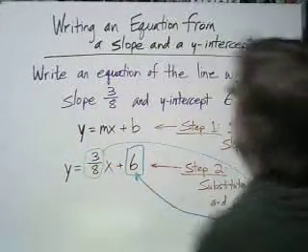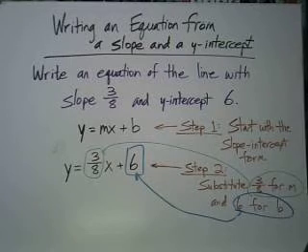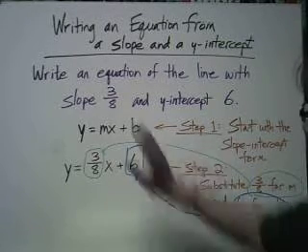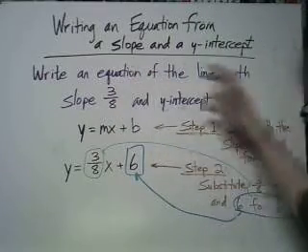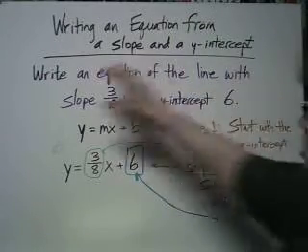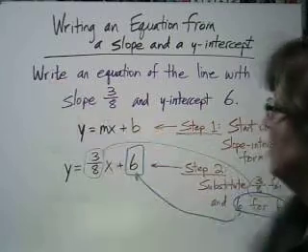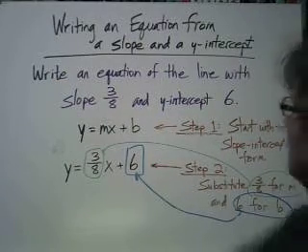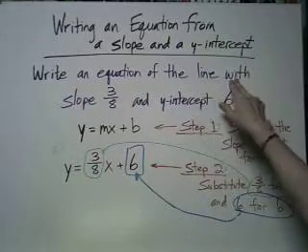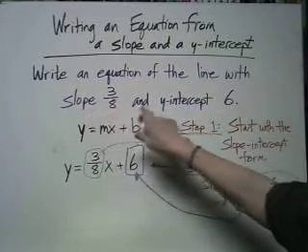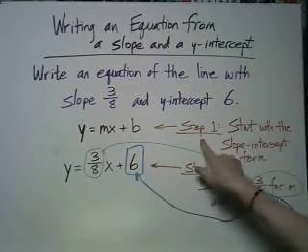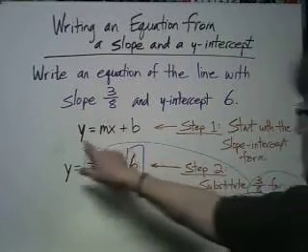So if we want to write an equation from a slope and a y-intercept, it would go like this. They may give you your slope and y-intercept, asking you to write an equation. This is very simple if you know y equals mx plus b. Write an equation of the line with slope 3/8 and a y-intercept of 6. Take your step 1, the slope-intercept form.